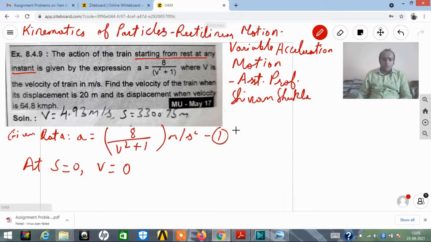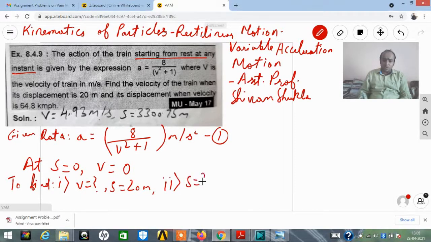Now we will be proceeding ahead to find the first condition, that is velocity we are supposed to find when S is equal to 20 meters, and displacement we are supposed to find in the second condition, that is S is equal to question mark when velocity is equal to 64.8 kilometers per hour.